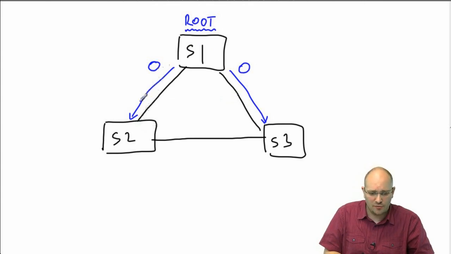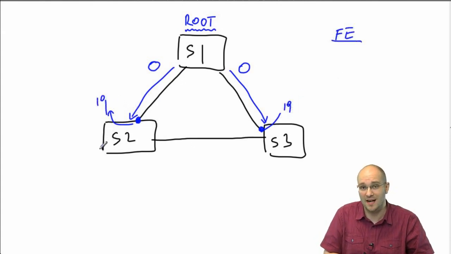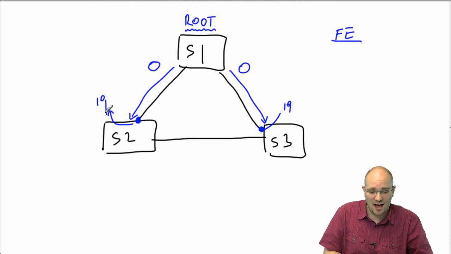So when these frames reach switch 2 and switch 3, they are going to see that the cost to reach the root out of this interface is 0 plus their own configured cost. If these were all, let's say, Fast Ethernet interfaces, the configured cost here would be 19 and here would be 19. In this case, our cost to reach the root will be 19 on this port and 19 on this port here.